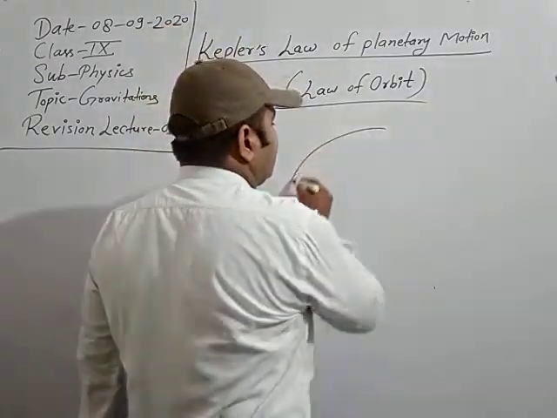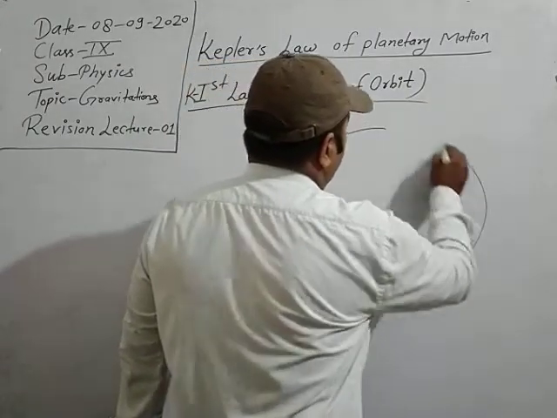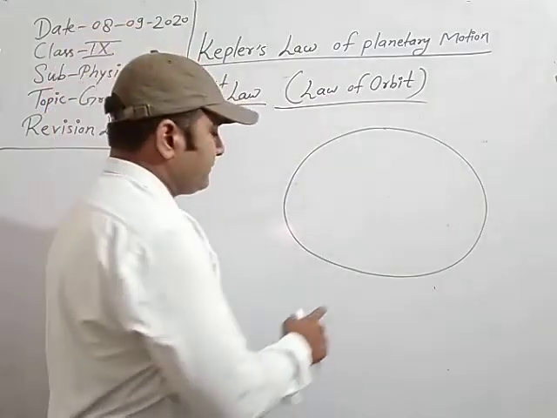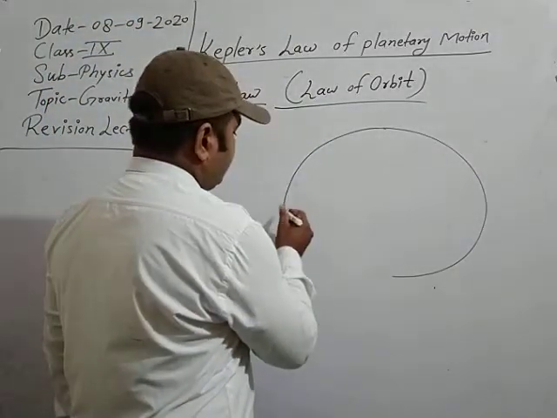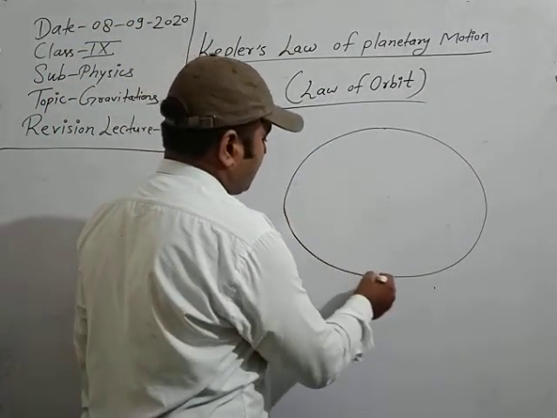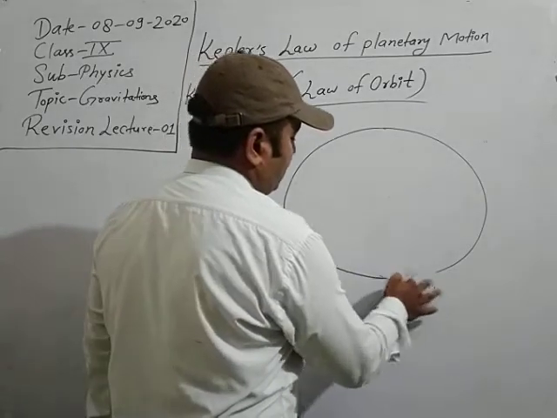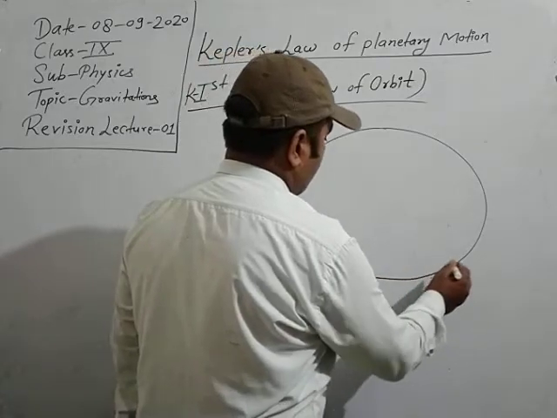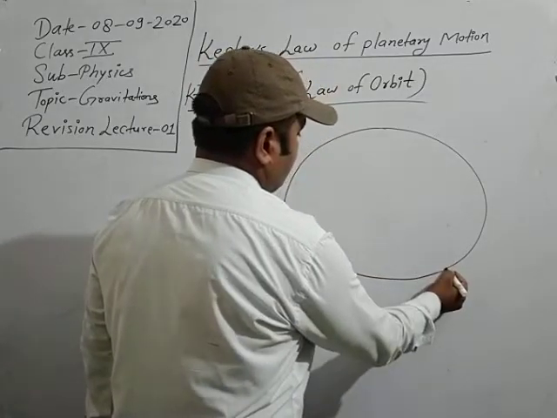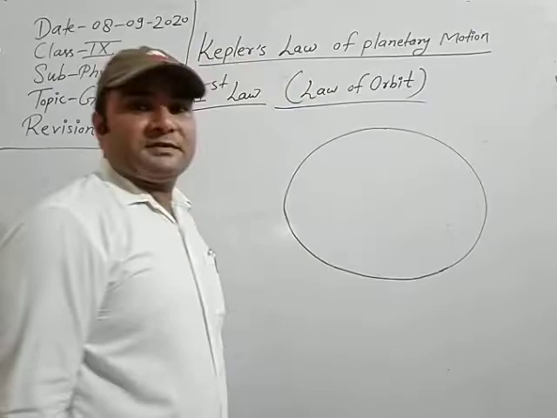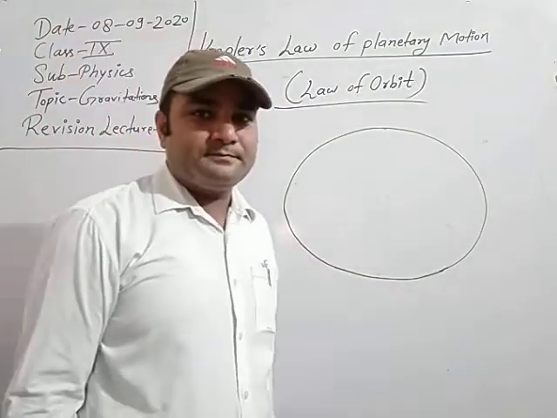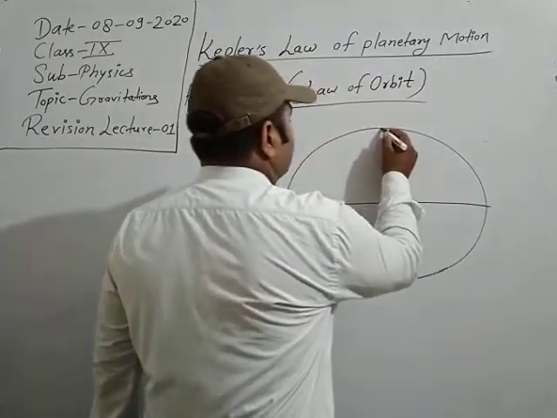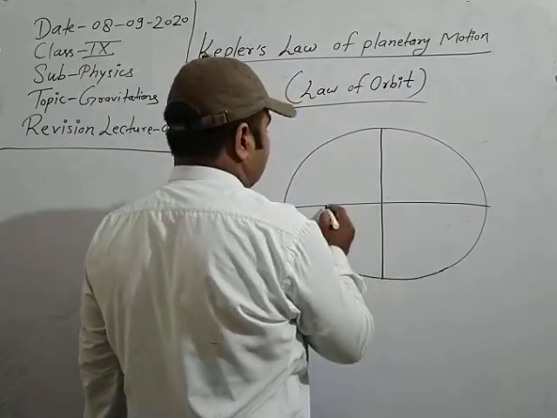Here, an elliptical path. Elliptical path means an oval shape, having a major axis, and this one is the minor axis.